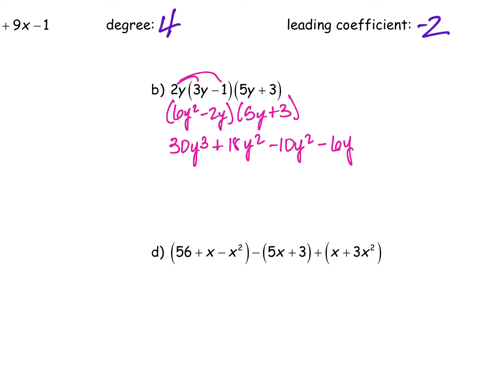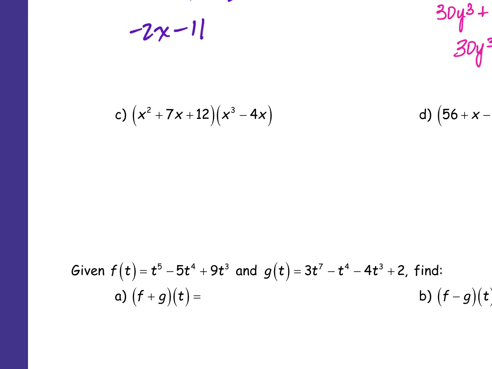If I combine my like terms, I've got 30y cubed plus 8y squared minus 6y. Questions? Where's the cubed? I have a y squared here, and y squared times y is y cubed.